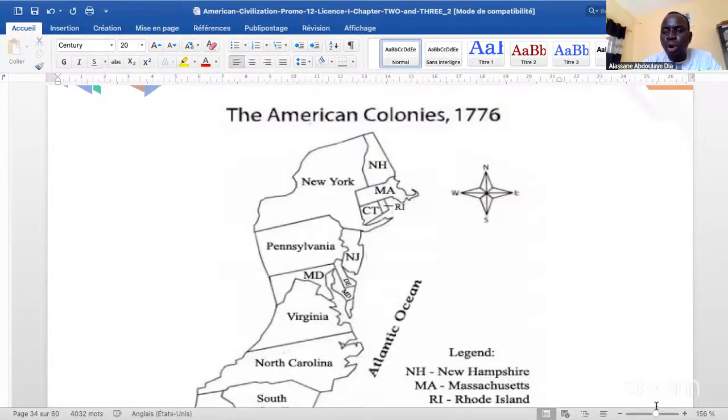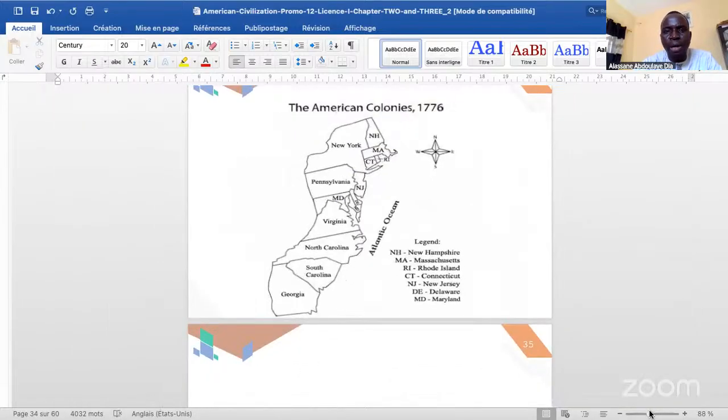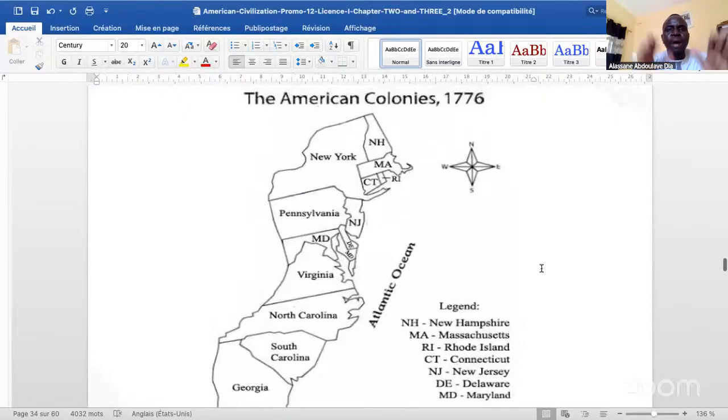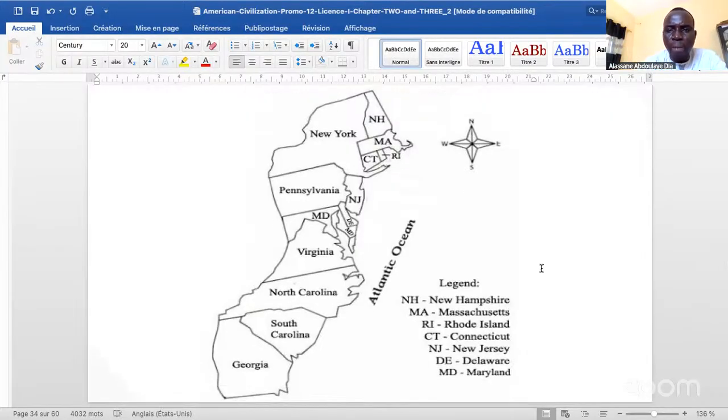And now you are going to have a map of America. Look, you are going to have now a kind of map, the 13 American colonies. We are in July 1776. The 13 colonies are free, and they are the list I gave you: New Hampshire, Massachusetts, Rhode Island, Connecticut, New Jersey, Delaware, Maryland, and you continue.